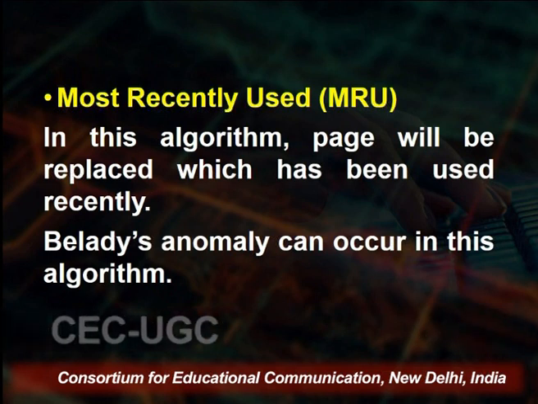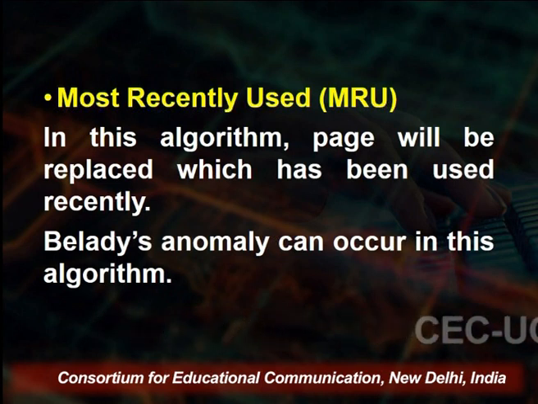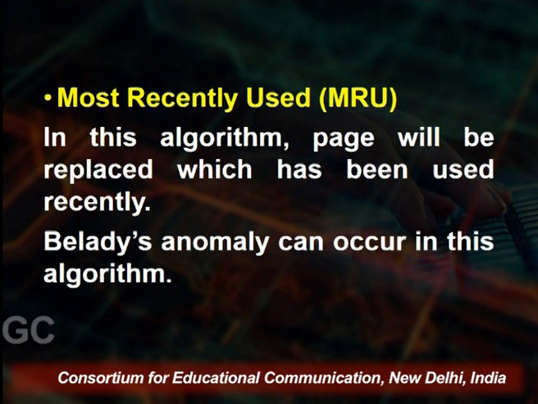But the point here is that Belady's anomaly can occur in this algorithm, and we have also seen what Belady's anomaly is, that is, with the increase in the number of frames, the number of page faults increases. This can happen in first in first out, and also in the most recently used MRU algorithm as well. So, this is one of the disadvantages of the most recently used algorithm, that Belady's anomaly can occur in it.